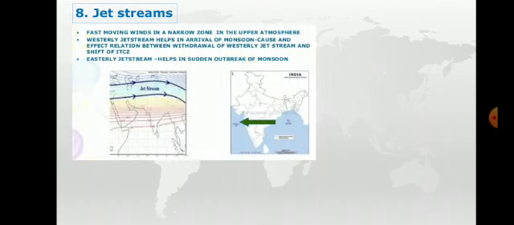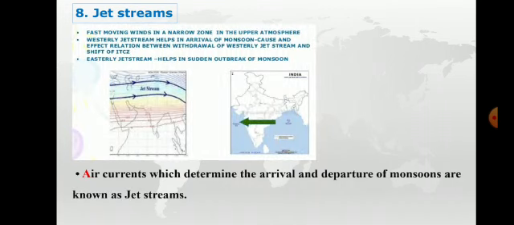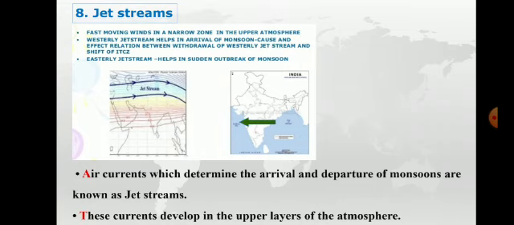So next we'll go to the next point, that is jet streams. Air currents which determine the arrival and departure of the monsoon are known as jet streams. These currents develop in the upper layers of the atmosphere.